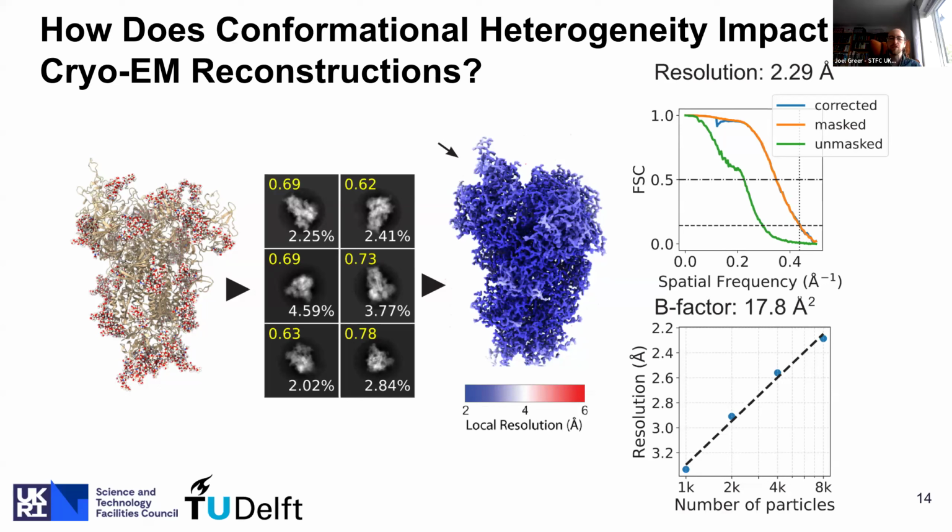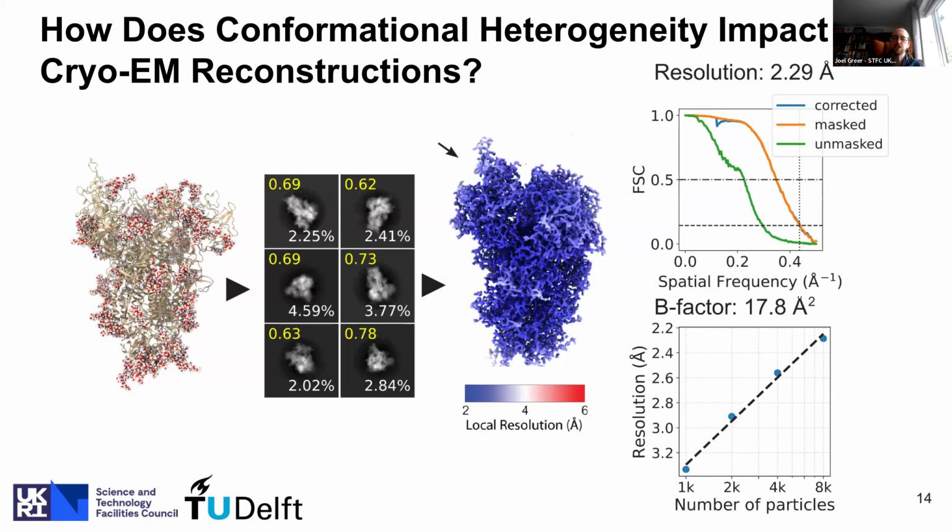So to estimate the resolution, conventional practice is to compute the Fourier shell correlation. To do this, you split your data set in half to get two half maps. You then apply a mask around these to remove any noise from regions outside your protein structure, before then Fourier transforming these volumes and calculating the Fourier shell correlation.